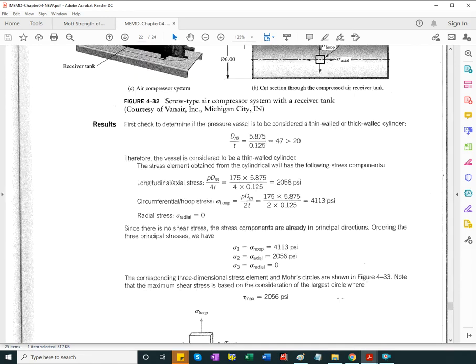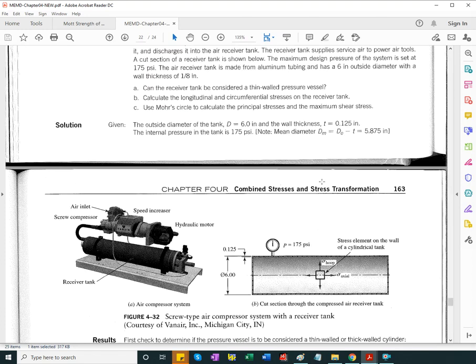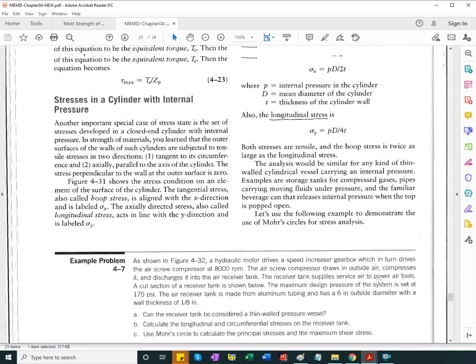Okay, so like I said, mean diameter divided by thickness makes it a thin wall cylinder for this sample problem. Again, the element is oriented longitudinally to the cylinder or to the pipe.